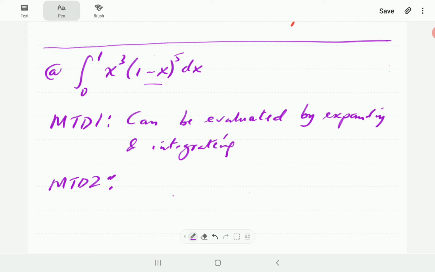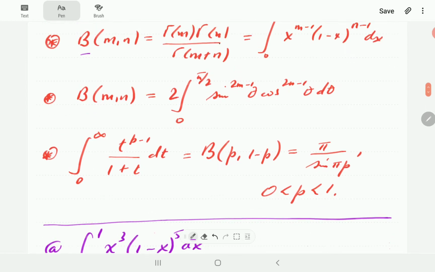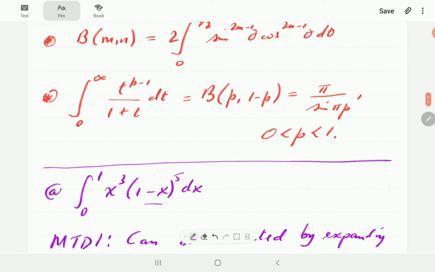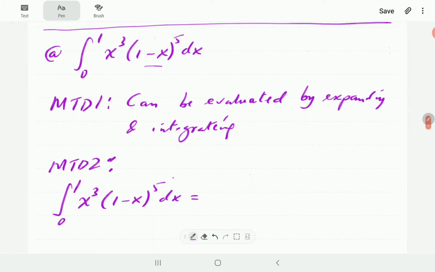We're going to use the fact that this is in the standard form of the beta function integral. So if you compare this with this integral here, m minus 1 is 3, so that means m is 4, n minus 1 is 5, so n is 6.